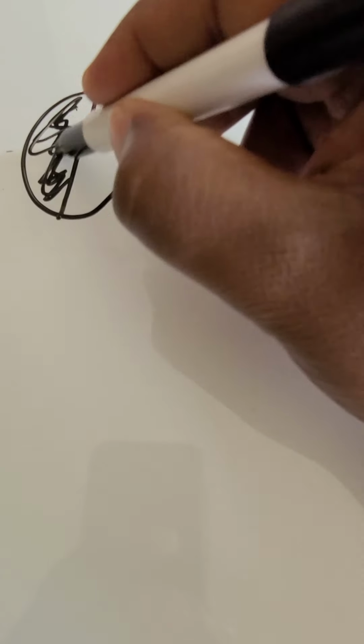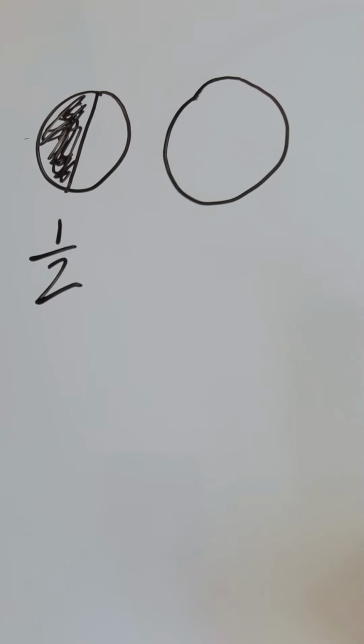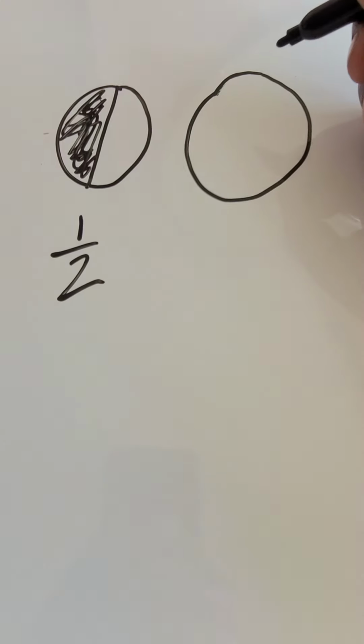Now to represent 1/2 for this circle, simply put a line and shade this area. This will be 1/2. Okay, now next, we're going to split the 1/2 into 2.